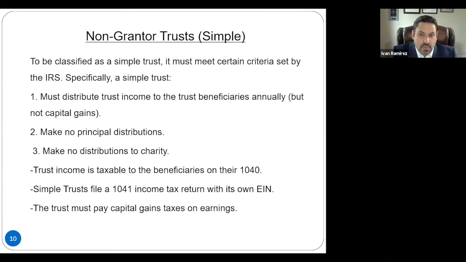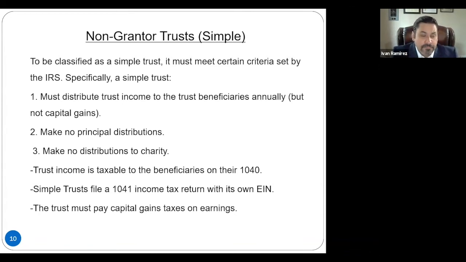Here the distribution of the income is mandatory. Now there's no requirement to distribute principal, and there's no requirement to distribute to charity. So if it meets this criteria, then you have a simple trust.